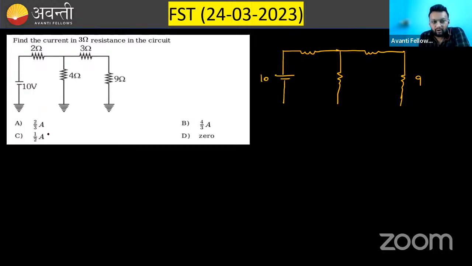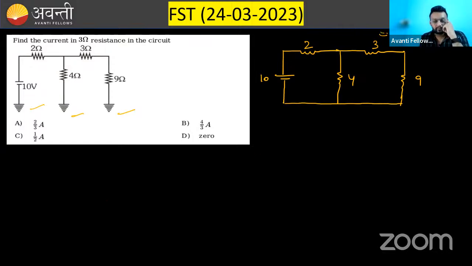Now you can see all these 3 ends are grounded. If they are grounded, that means they are at zero potential, that means they have the same potential. If they have the same potential, then we can connect them. There is no problem with that. So this is 2 ohm, 3 ohm, this is 4 ohm. Clear? Now you have to calculate the current in the 3 ohm resistor.